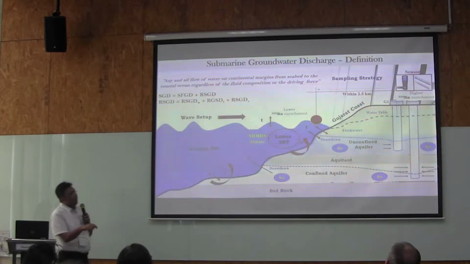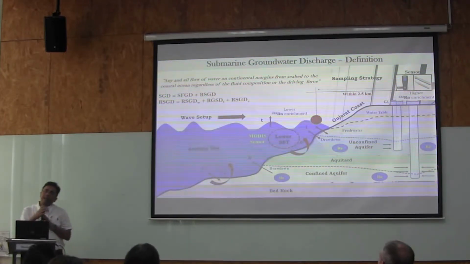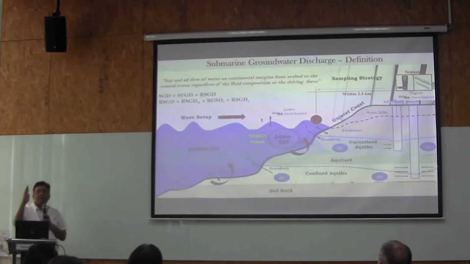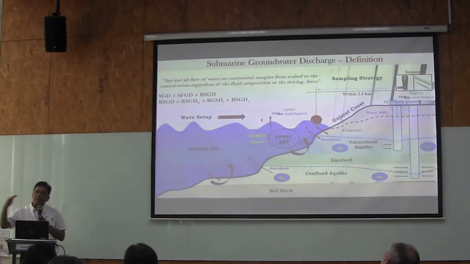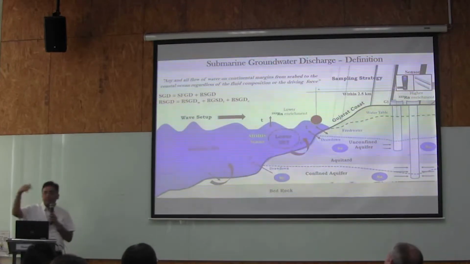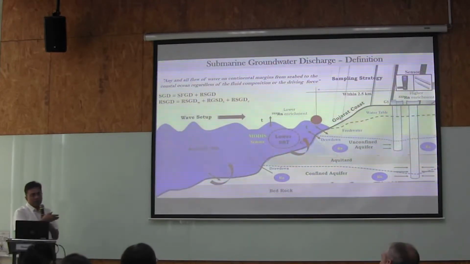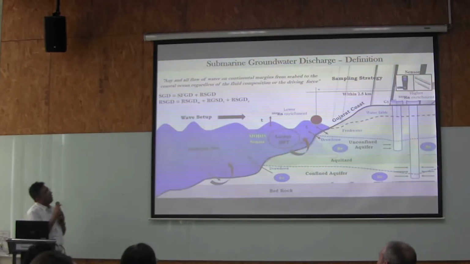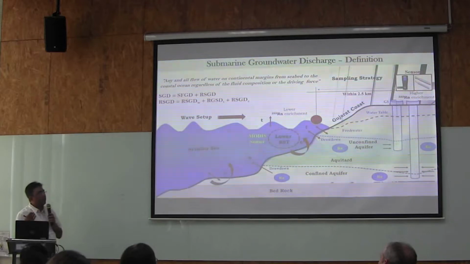So what I have talked about so far is that there is a balance between seawater and freshwater. If we withdraw, then the seawater will intrude. If we do not withdraw, there will still be recharge of the groundwater and it will go to the seawater. That is one kind of submarine groundwater discharge.